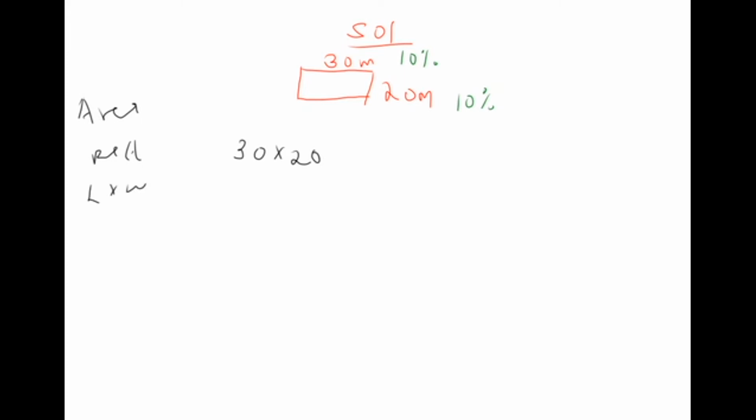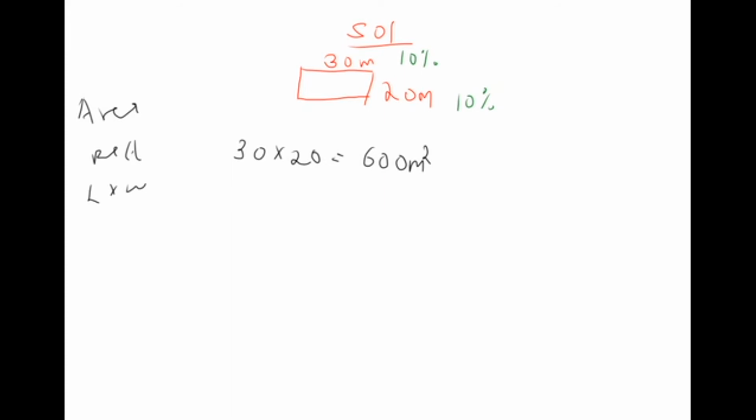Our length is 30 meters, our width is 20 meters. We multiply 30 times 20, we get 600 meters squared. That is the area of the plot before the increase.